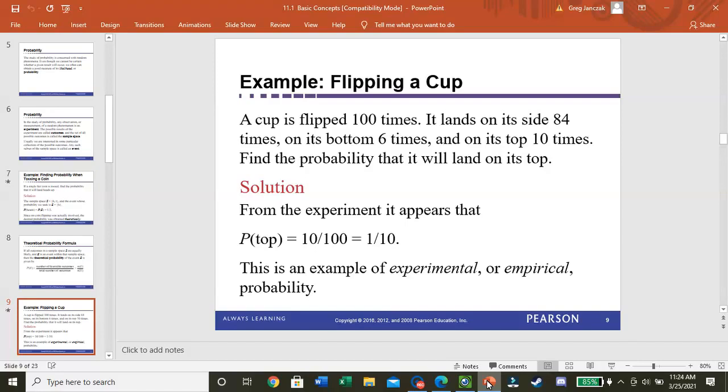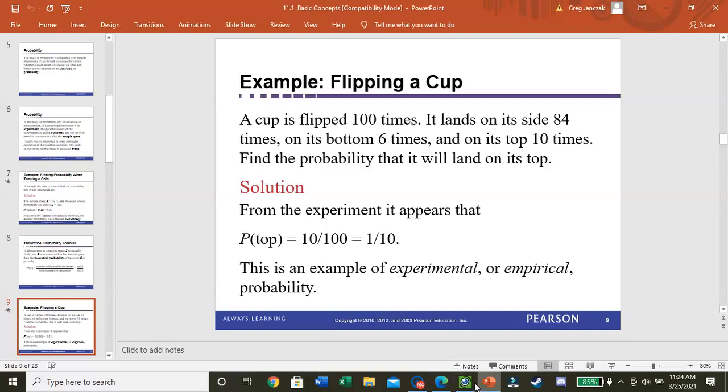Okay, so you have side 84 times, bottom 6 times, and lands on its top 10 times. Okay, and we want to find the probability that it will land on its top. Probability top.